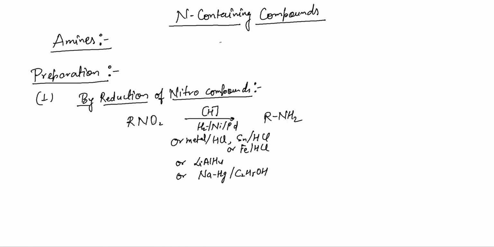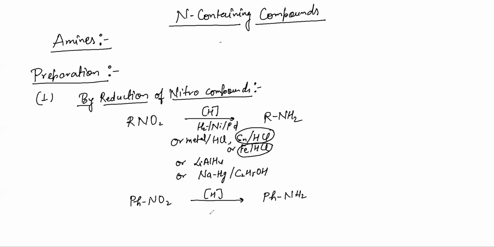First is reduction. Generally we use Fe/HCl or Sn/HCl, or hydrogenation, as you know. Please note this. But yes, if you have PhNO2 and you want to perform its reduction, here also you will get PhNH2.